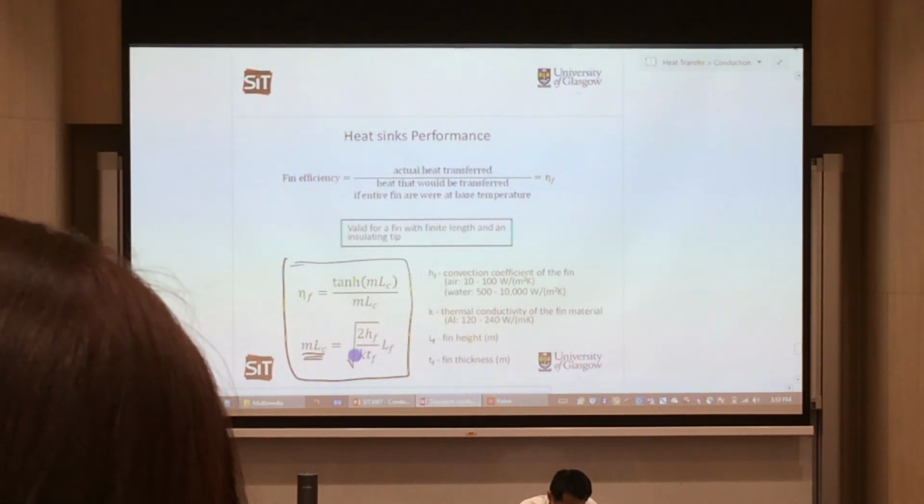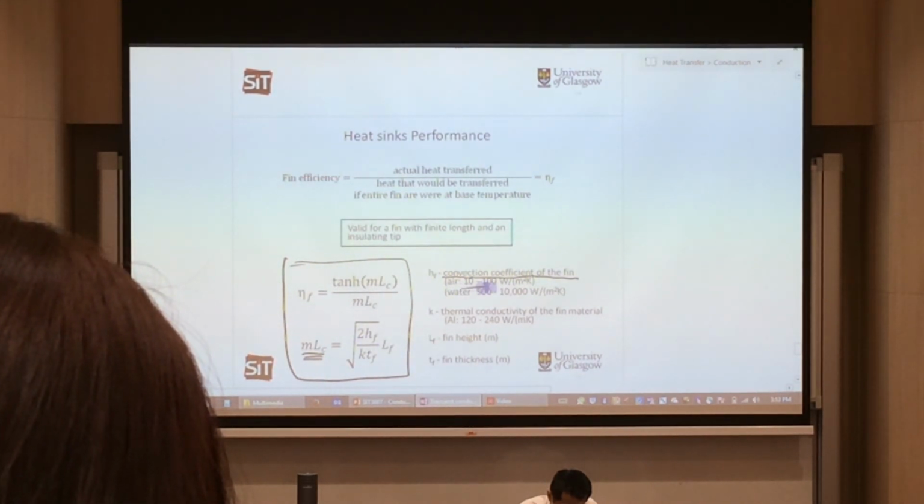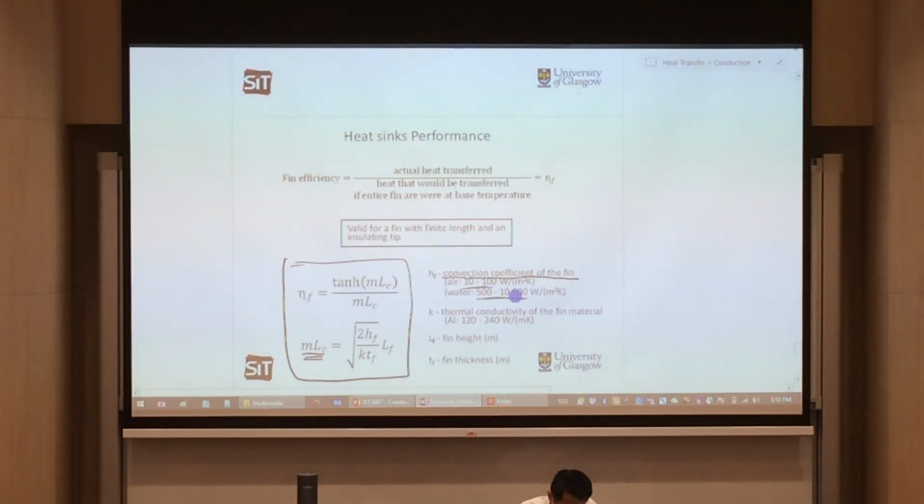For mLc, it's dependent on hf, which is the convection coefficient of the fin. For air, it's this value; for water, it's that value. k here refers to the thermal conductivity of the fin. For aluminum, it's around this value. Lf refers to the fin height, and tf refers to the fin thickness.